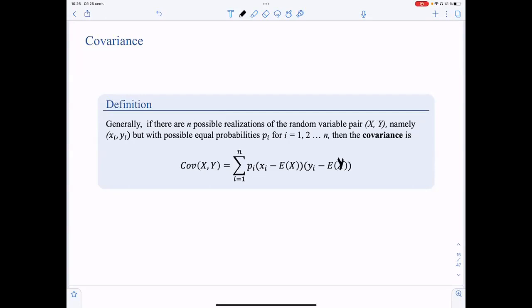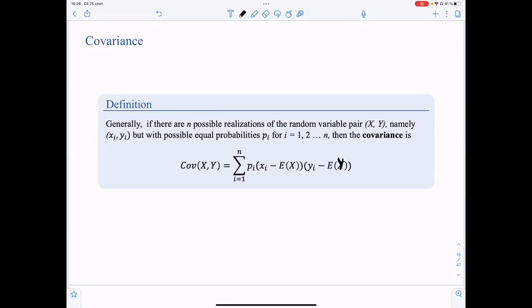What covariance gives us is actually a quantity that is designed in order to split the association of 2 random variables into 3 cases. The covariance may be positive, the covariance may be negative, or it may be 0.